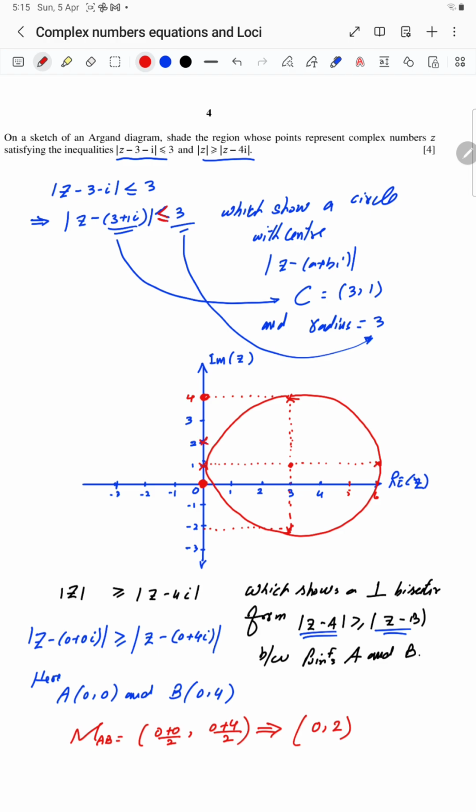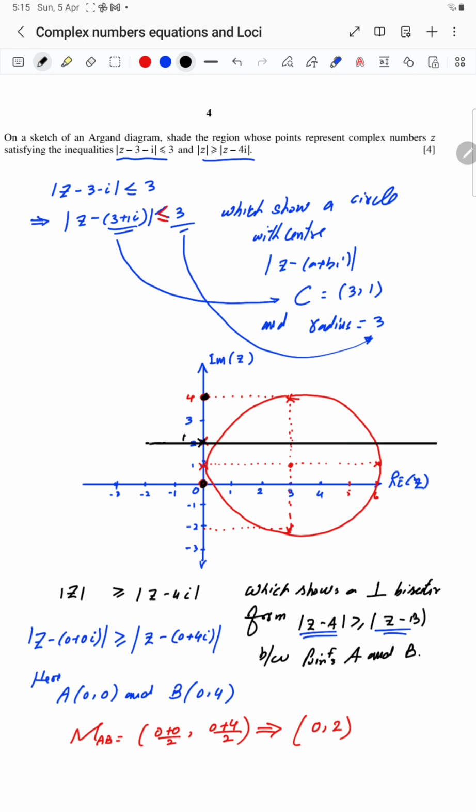So (0, 2) is here. Let me draw with the black one to make the difference. Here the perpendicular bisector on the line AB will be parallel to the x-axis. It's bigger than or equal to, so I will draw this line.